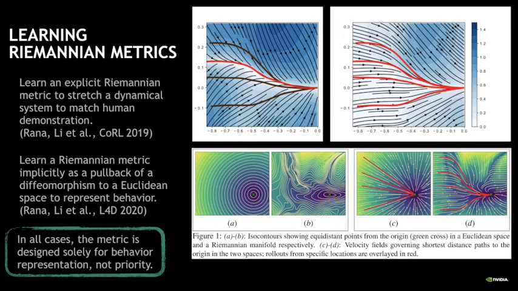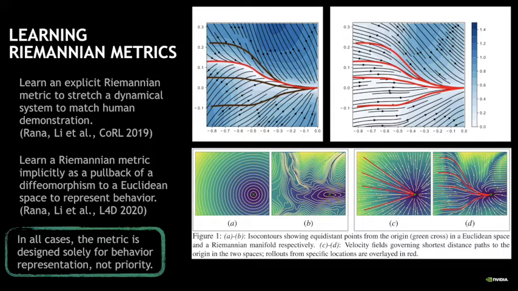As an example, some of the work that we did once we started understanding these Lagrangian dynamical systems is in learning Riemannian metrics. And here are two examples of these things, two publications we recently put out. I won't go into detail about these, but the high level is we can take a dynamical system and stretch the space so that the behavior of that dynamical system matches human demonstrations.